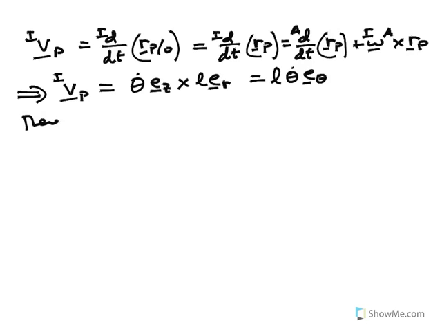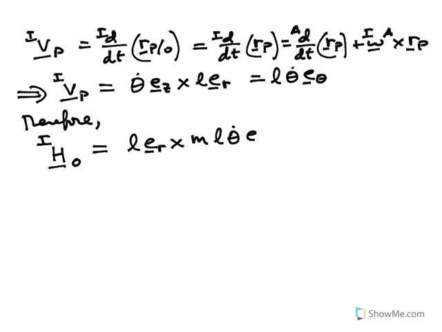Therefore, the angular momentum relative to point O in the inertial frame is equal to L ER crossed with m times L theta dot E theta, which is equal to m L squared theta dot EZ. So now we have the angular momentum relative to point O. From this, we can compute the rate of change of the angular momentum, but we'll get to that in just a second.